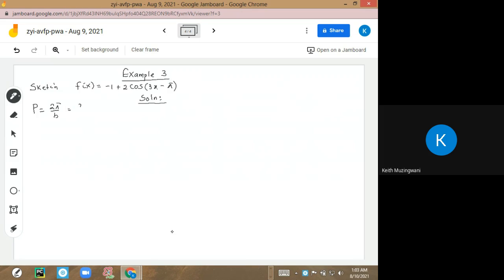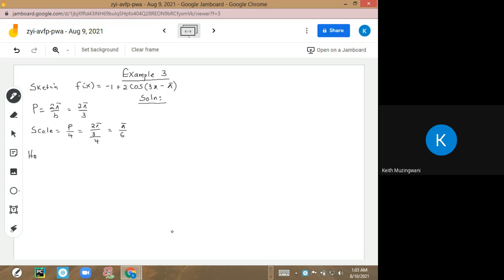So we'll get 2 pi over 3. So that our scale becomes the period over 4, which is 2 pi over 3 over 4. And this is pi over 6.